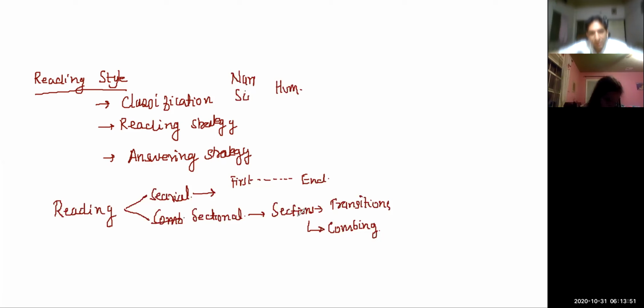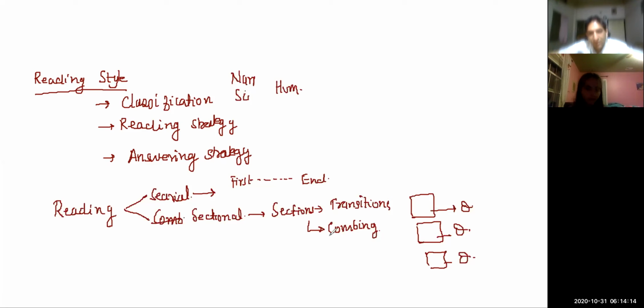In sectional reading, you read one section, answer questions based on that, then the next section, answer questions based on that, then the next section, answer questions based on that. So one section means one paragraph. That is correct.